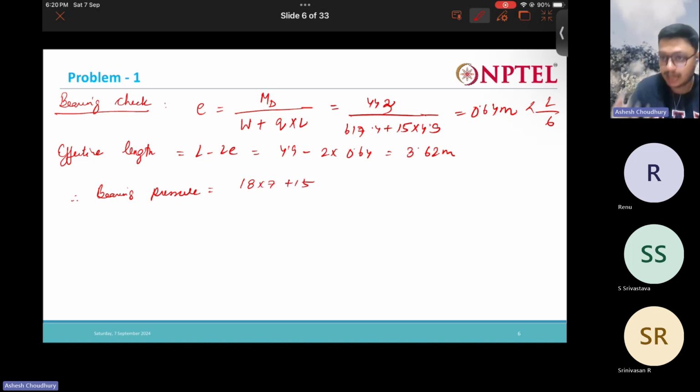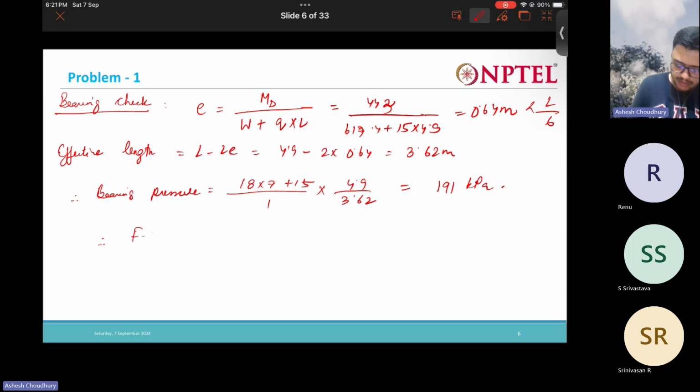This is the oncoming bearing pressure. 18 is the unit weight times 7, the height, plus 15 from the Q, that is the surcharge, times 4.9 by 3.62. So it will come out as 191 kPa.